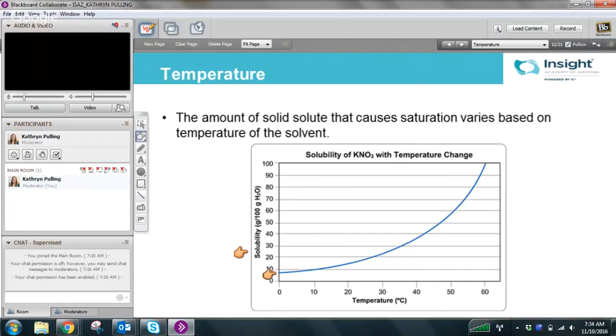At 0 degrees, you could only dissolve maybe 8 grams of potassium nitrate. At 10 degrees, you can dissolve 10 grams, at 20 degrees, 15 grams, and at 30 degrees, about 22 grams. So as the temperature goes up, you're able to dissolve more and more. You're increasing that saturation point.